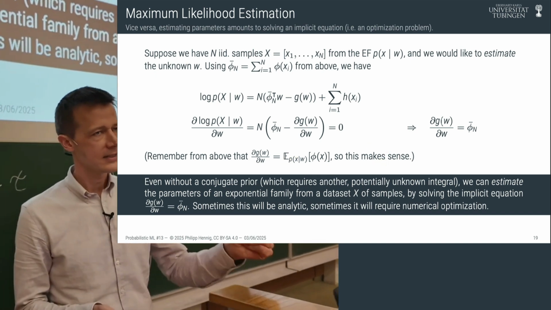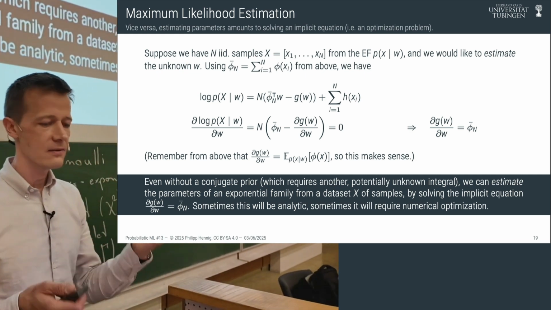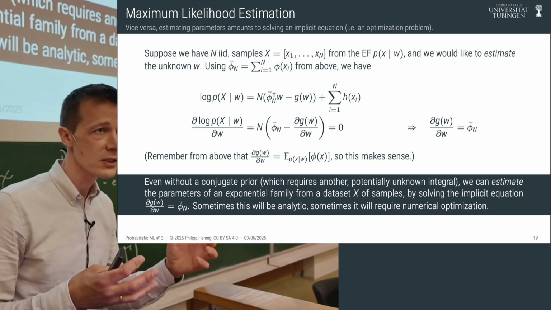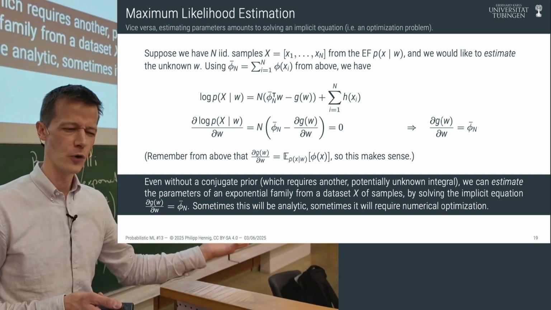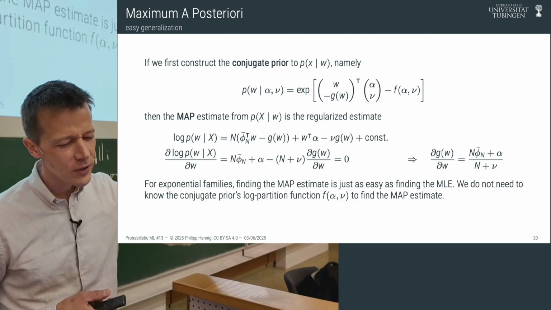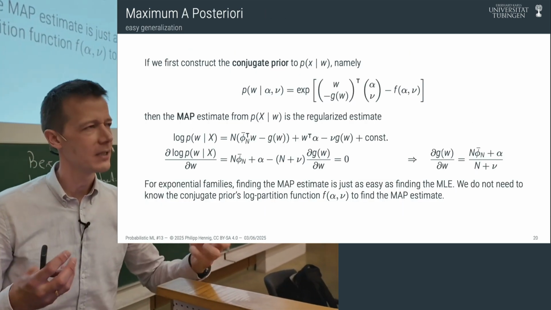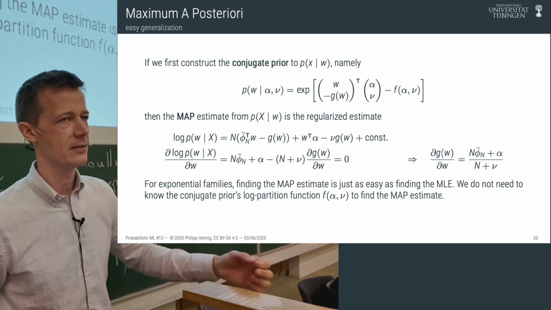So now let's go back to regularization, prior inference. If I wanted to do full Bayesian inference, I would need the conjugate prior. We know that it exists, but it involves this integral that we don't know. But we can do something half-hearted. We can say, well, I know what the conjugate prior looks like, I just don't know its normalization constant. So let me do maximum a posteriori estimation.